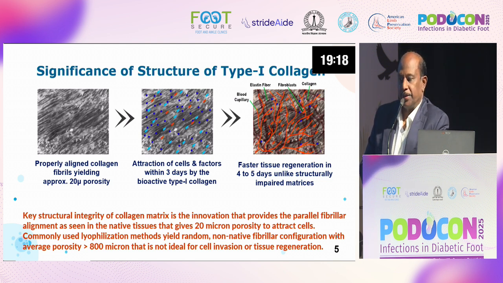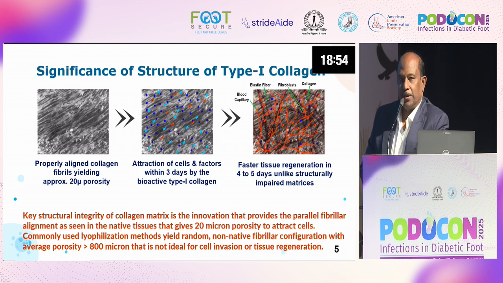From that perspective, the type 1 collagen preparation made by the company Advanced Biotech, which is one of the sponsors of this event, is made more similar to skin. That is one of the reasons it has a better ability for cellular infiltration.